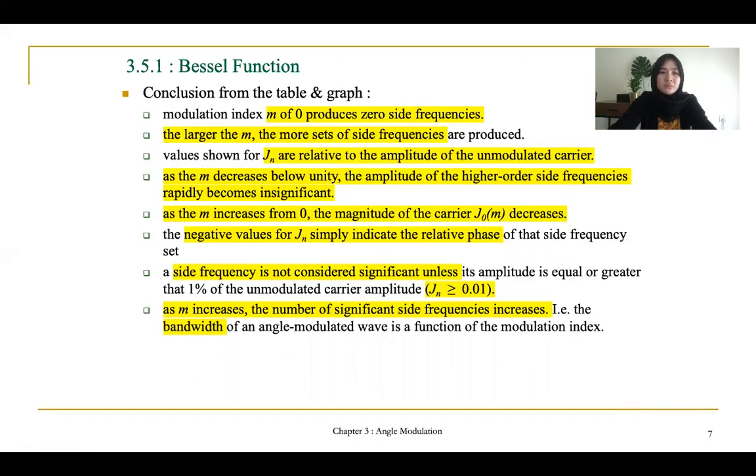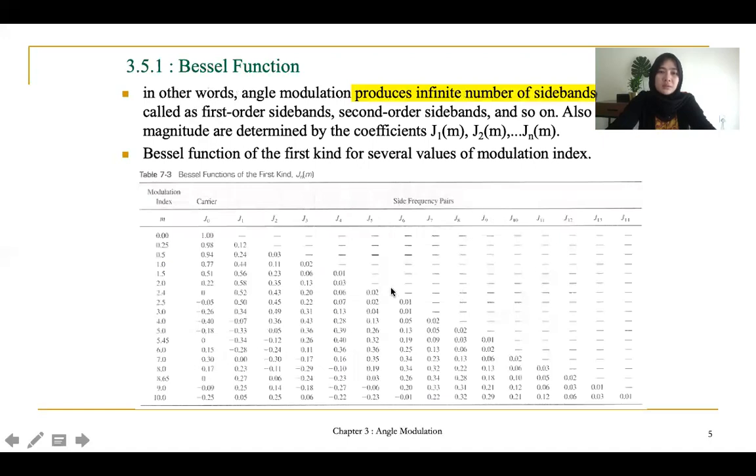And the values shown for Jn are relative to the amplitude of the unmodulated carrier. So basically the number of side frequency pairs is affected by the modulation index, and this modulation index is affected by the modulating signal.